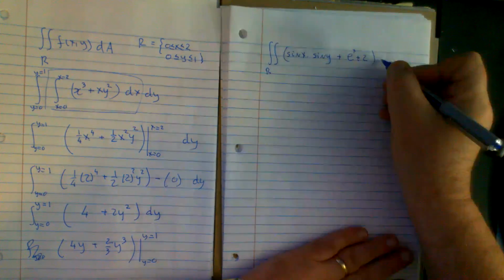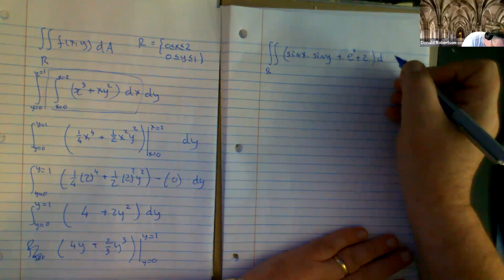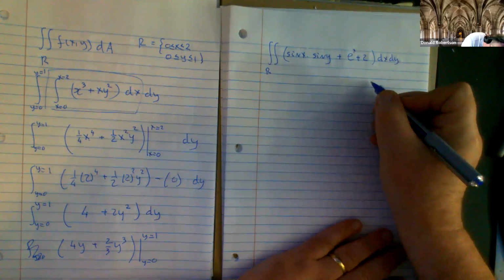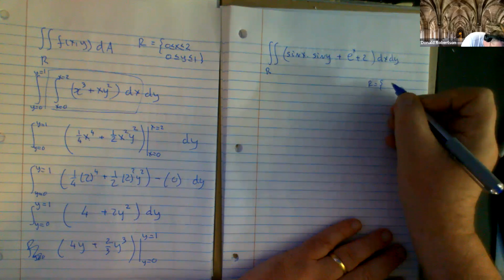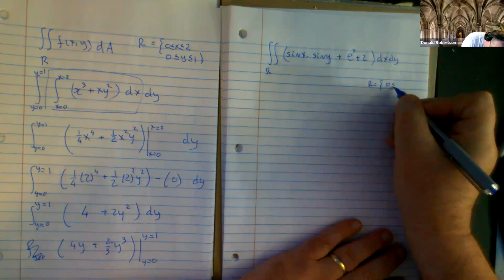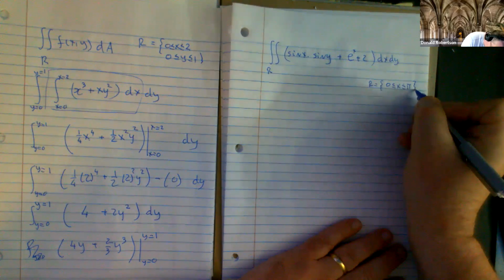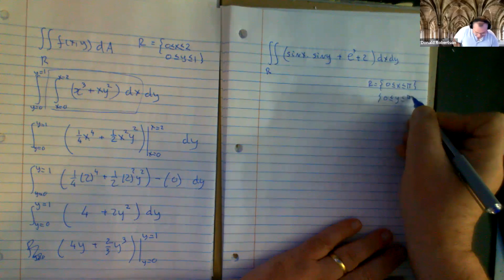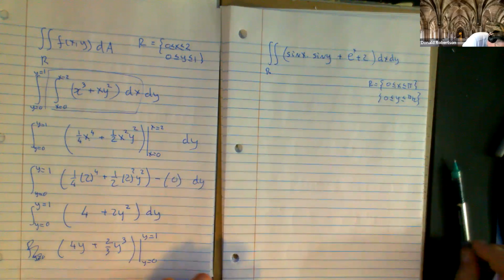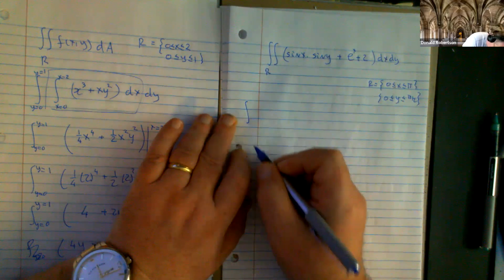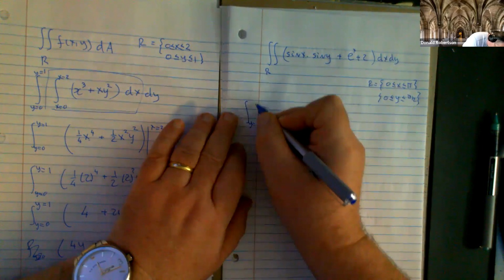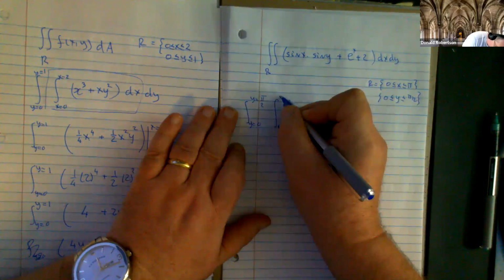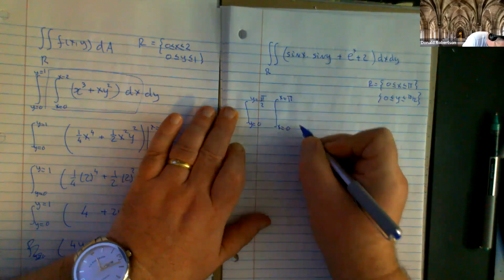And we're going to do dx dy, and the region R is going to be from x equals 0 to pi, and y is going to be from 0 to ½ pi. So my integral is going to be y equals 0 to y equals pi upon 2, x equals 0 to x equals pi, this expression.